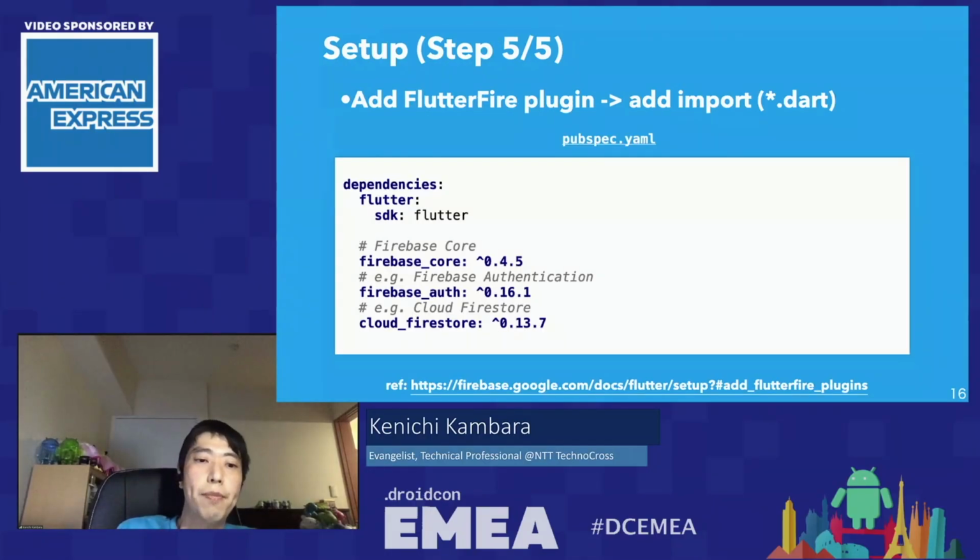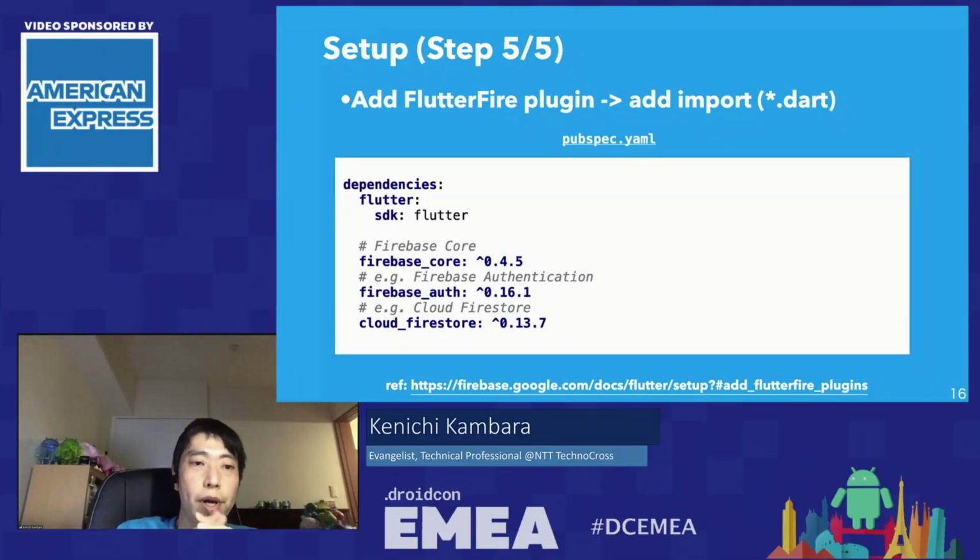The final step is adding a FlutterFire plugin into our project. FlutterFire is a set of plugins for enabling us to use Firebase features in our Flutter project. It must be defined in the pubspec.yaml file for using each Firebase feature.